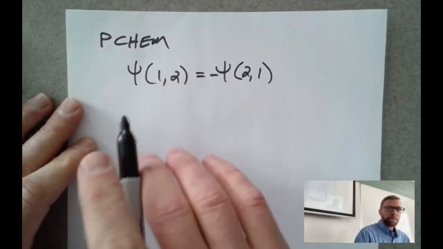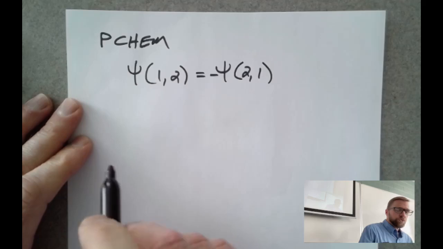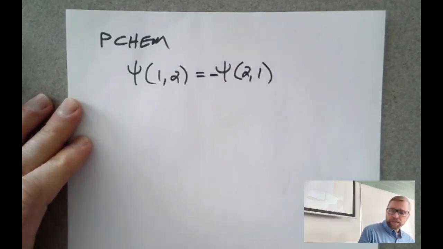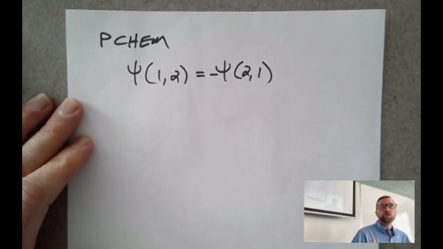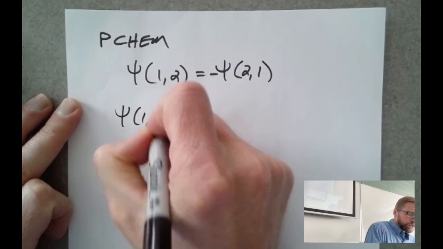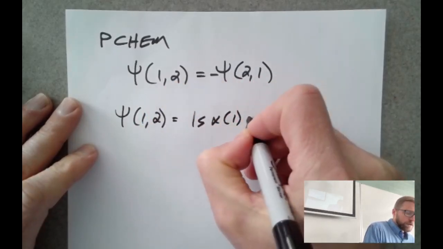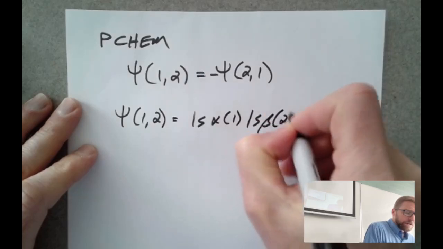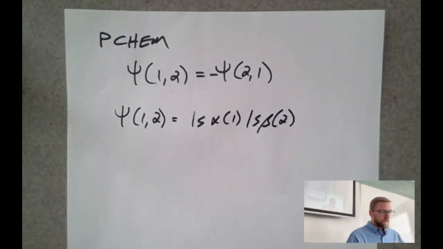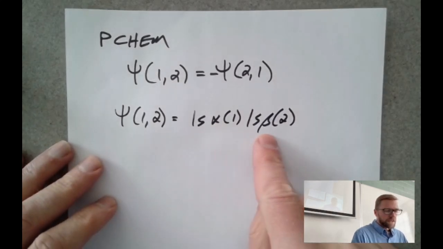Okay, so the wave function for 2 electrons is the product of 2 different wave functions. So we could say it like this: psi(1,2) is equal to 1s alpha(1), 1s beta(2), where this is the wave function for electron 1, and this is the wave function for electron 2.